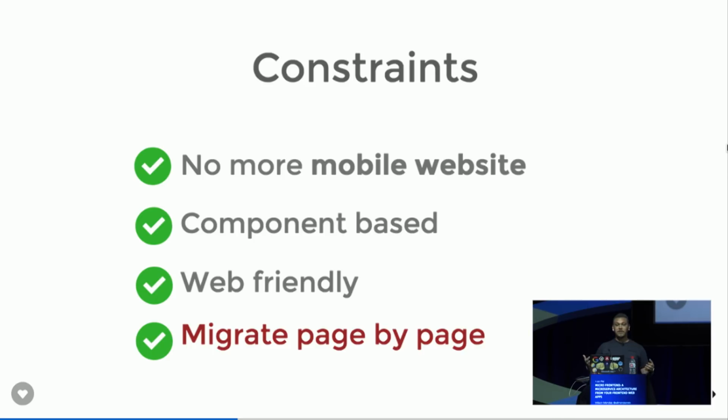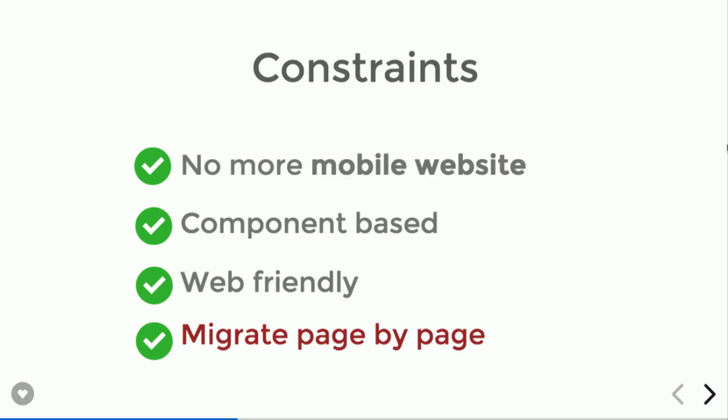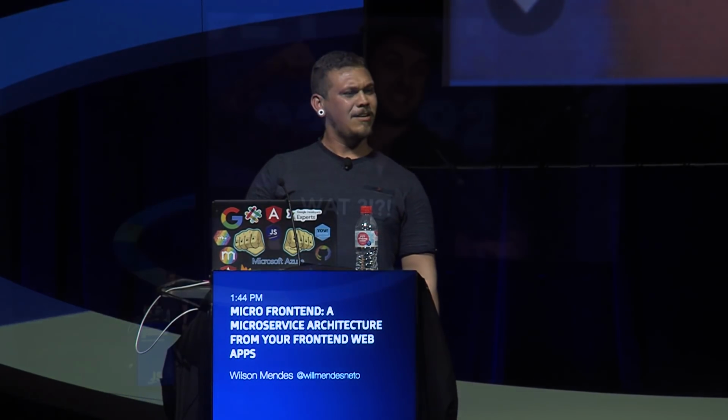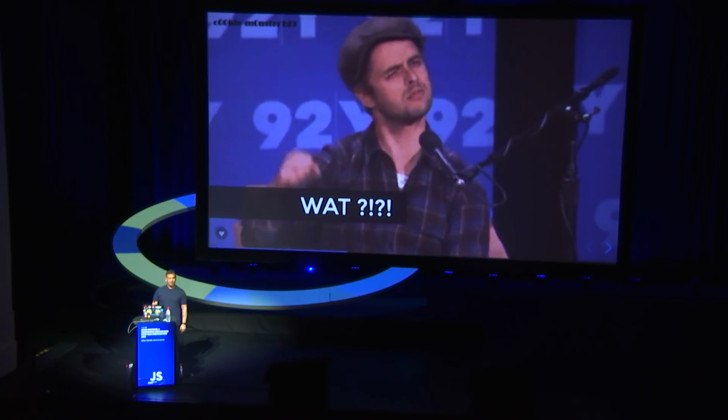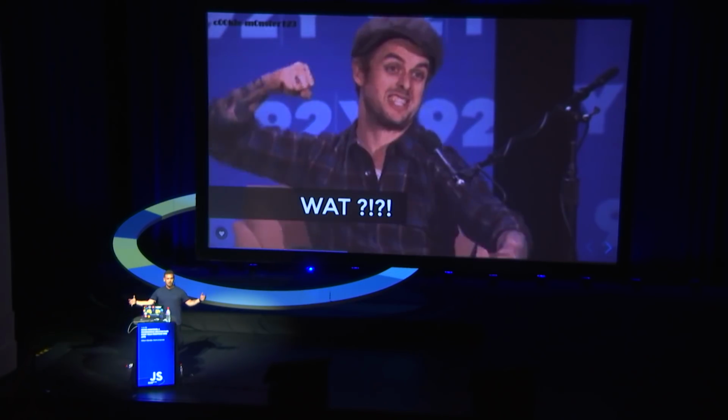We have all the things that we can use to improve the usability, the user journey from starting your application until doing what they want to do. And last but not least, you should migrate page by page. But what? What does that mean? How can you just migrate one page in the whole monolith?